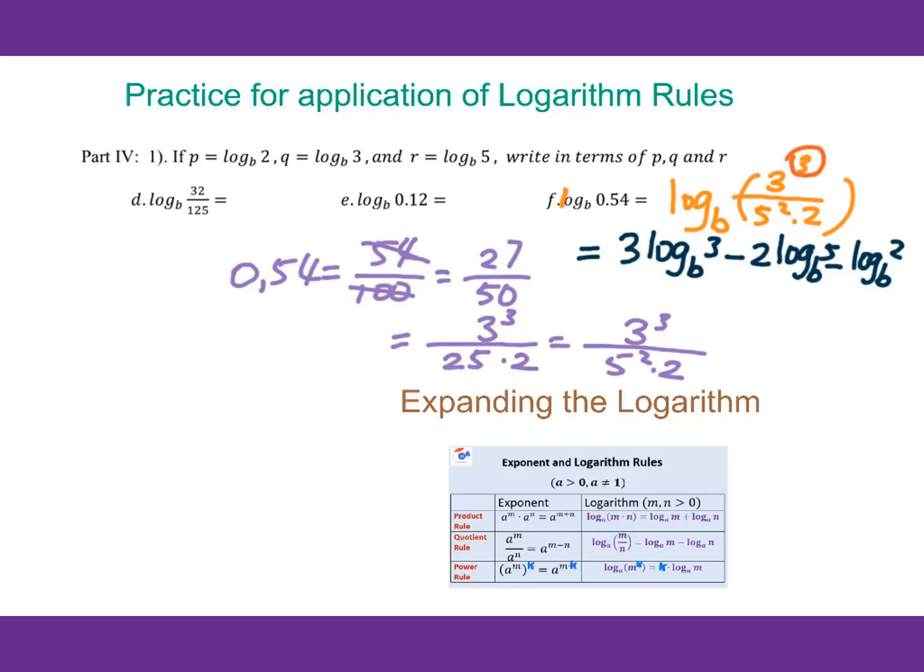Remember the exponents drop down. Then we plug in, you will get 3q minus 2r minus p. Remember, when we are dealing with these kinds of questions, expand the log first, then plug in.